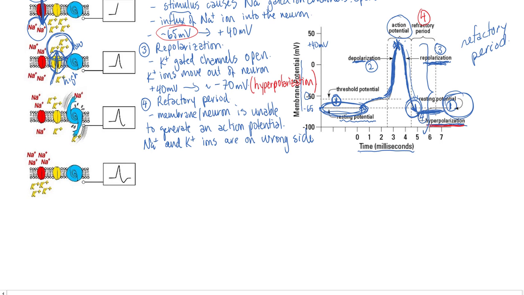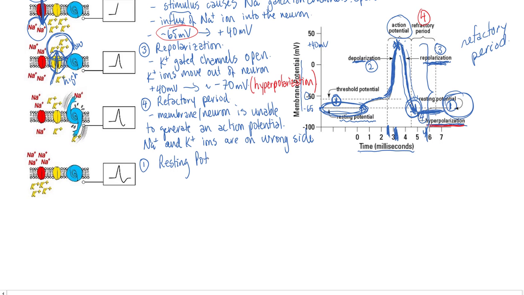This refractory period is kind of divided into two stages, but ultimately we just need to understand that from about 3 milliseconds on to about 5 or 6 milliseconds, no action potential can be generated again. I guess it's about maybe 2.5 milliseconds onward.